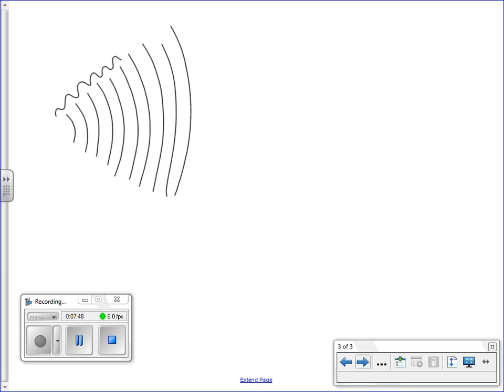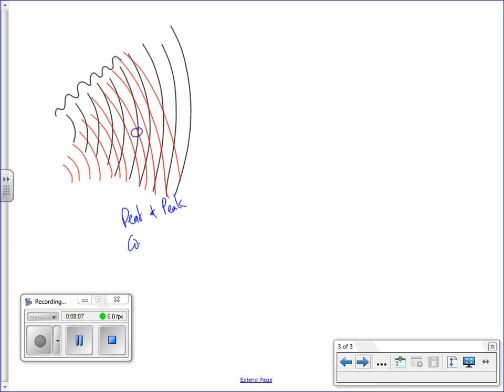If you had a separate wave that was coming this way like that, there are places like right here. There are tons of them. But right there, peak and peak interfere. That would be constructive interference.